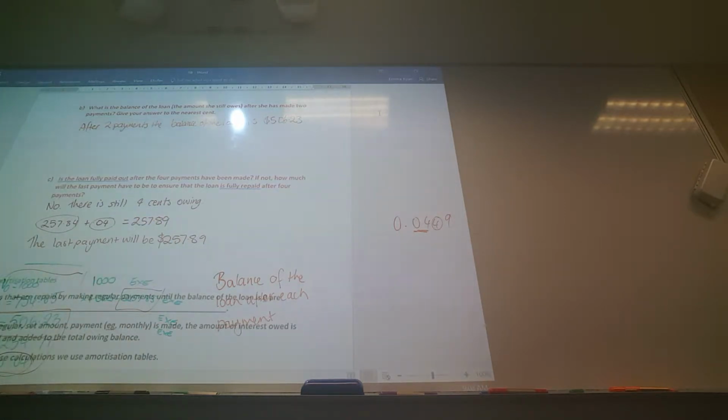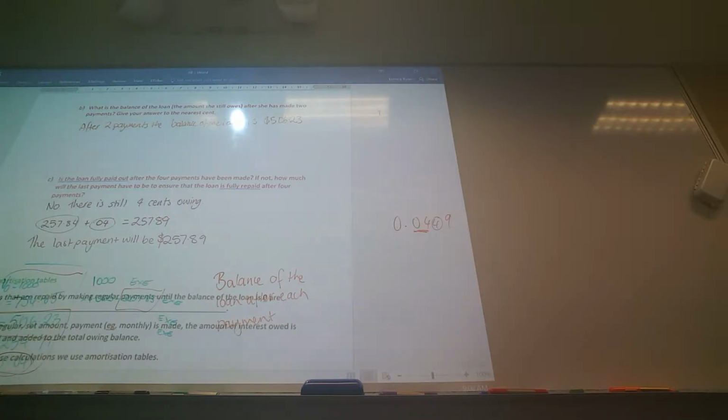Wait, would that be V5? No, that would still be V4. So if we're doing the payments, this is how much is left in the account. But then it's saying we only want 4 payments, so how much extra will the 4th payment be? It's got to be an extra 4 cents because that's how much we have left over.